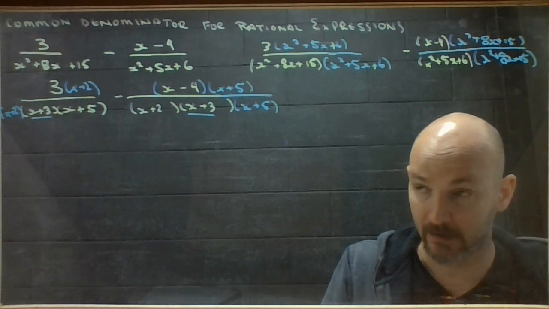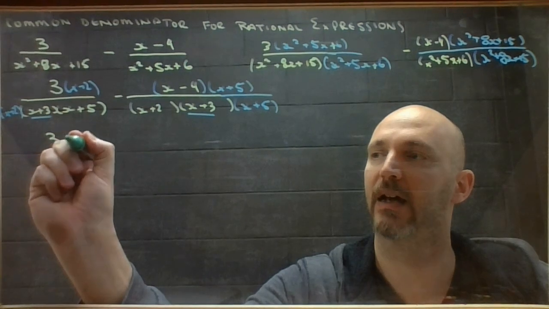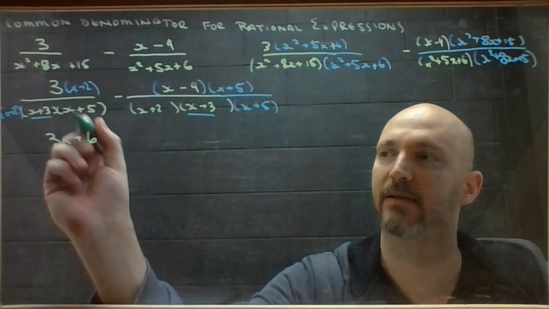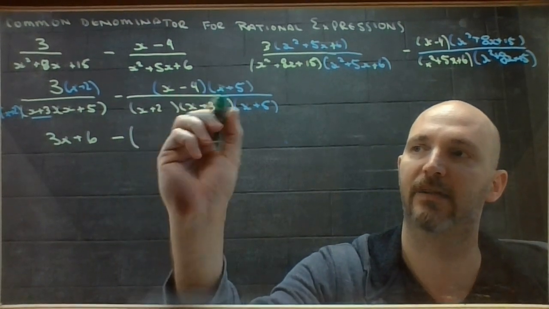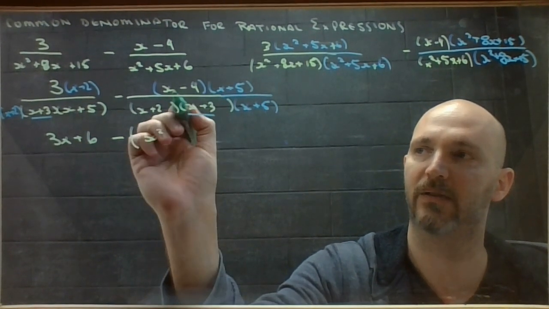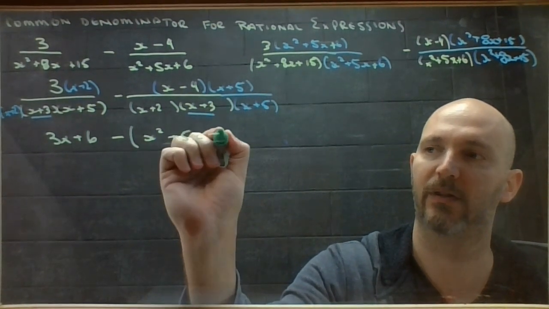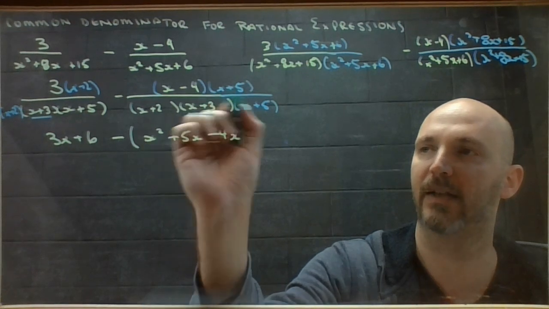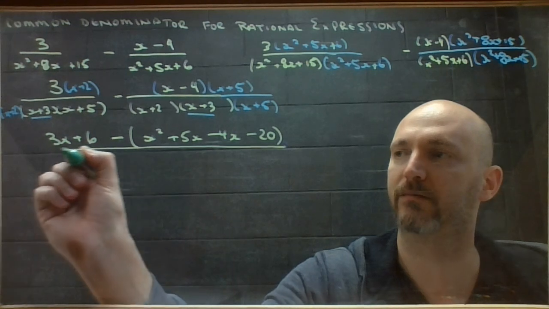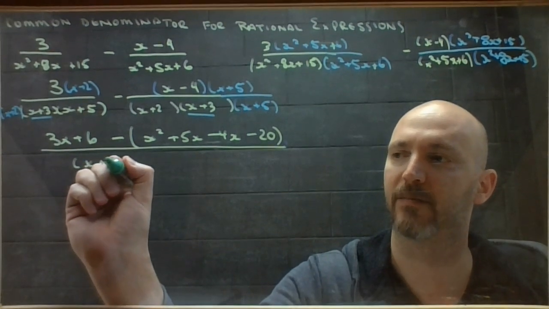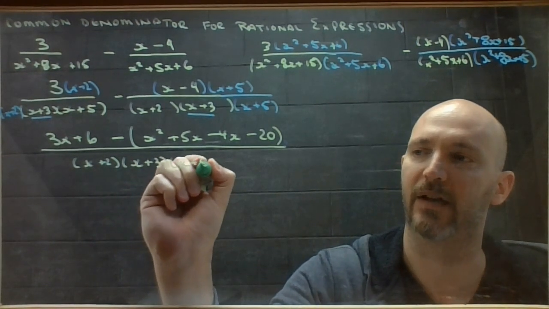So if I try and clean this expression up, I'm going to end up with 3x plus 6, 3 x's and 3 2's. Subtract x and an x is an x squared, x and a 5 is a 5x, negative 4 and an x is negative 4x, and negative 4 and 5 is negative 20, all over x plus 2, x plus 3, x plus 5.